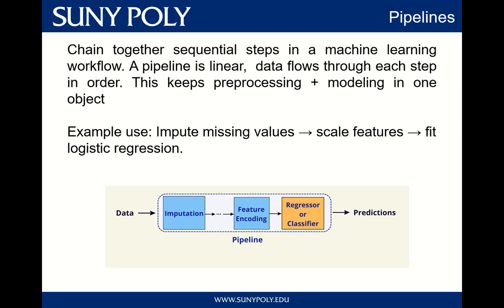Okay, so let's first talk a little bit about pipelines. The idea of pipelines is to chain sequential steps. Remember that when we collect our data, in some cases there is missing data, so we have the imputation process. Or this is not just imputation; remember that you can delete some variables or even some rows. Then for numerical variables, maybe you want to standardize or normalize the variables.